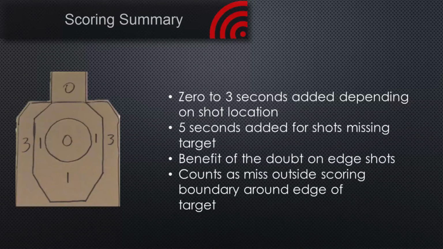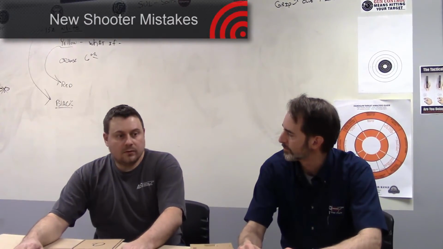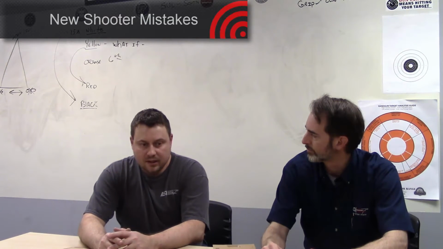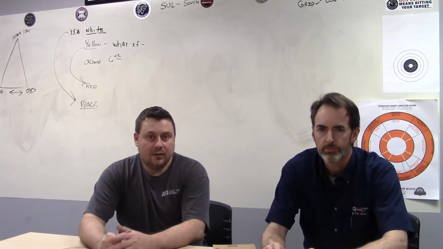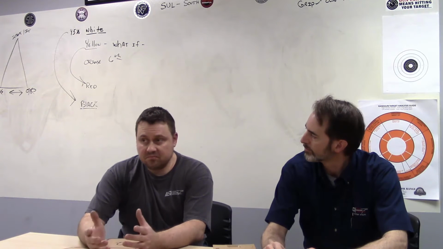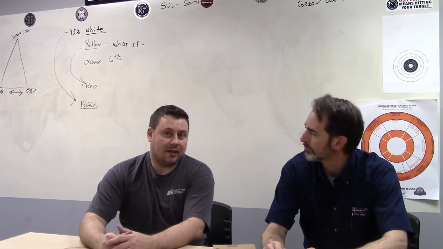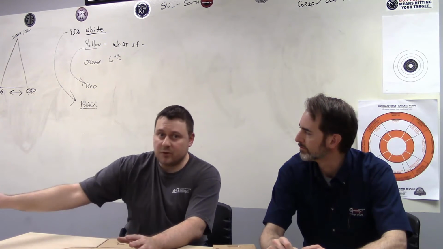So Martin, when you see people on the range shooting ASI matches, what's the main mistake that new shooters make when they're first trying to learn to shoot ASI? Well, the first mistake they make is trying to go way too fast for their own good. And usually what that comes down to is a very fast time, but almost complete misses on the targets, which really isn't what you're supposed to be doing.